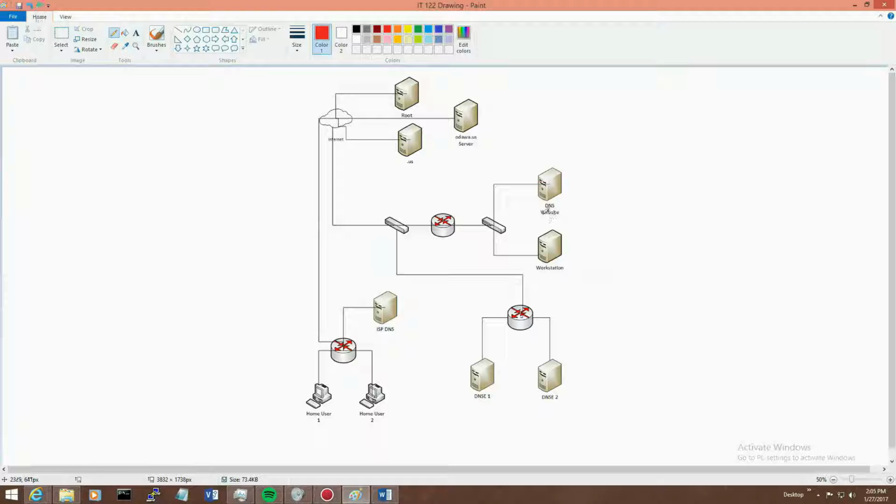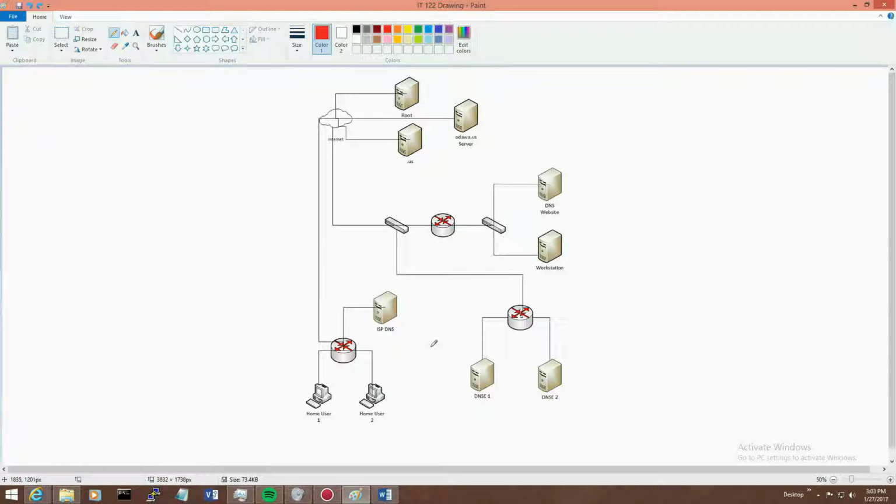So if we were trying to find where our website was located from our workstation, we would first send a DNS query from our workstation to our DNS server here. And of course our DNS server would know where our website was because they're on the same machine.